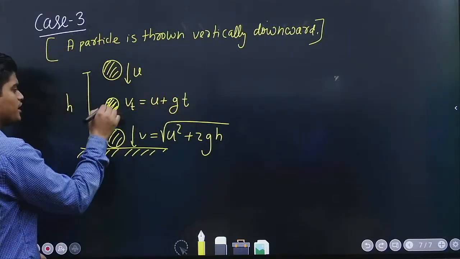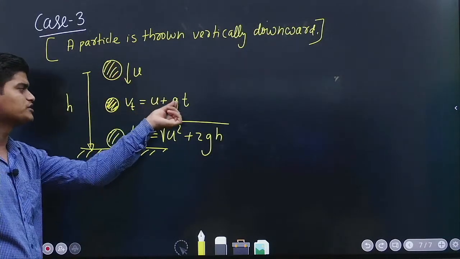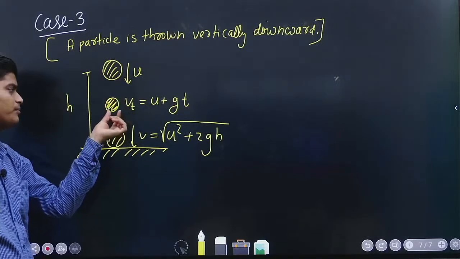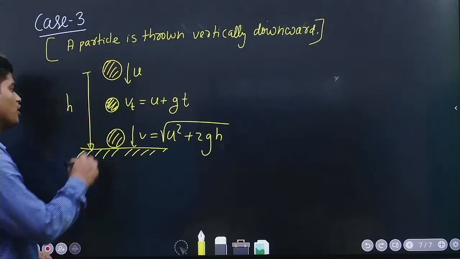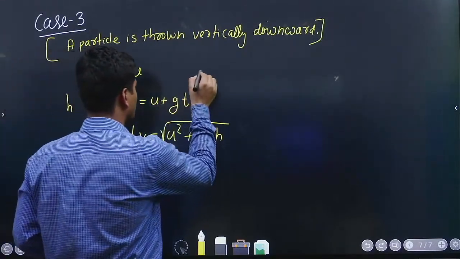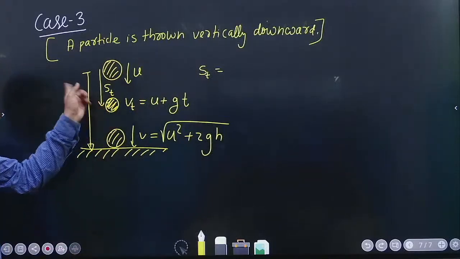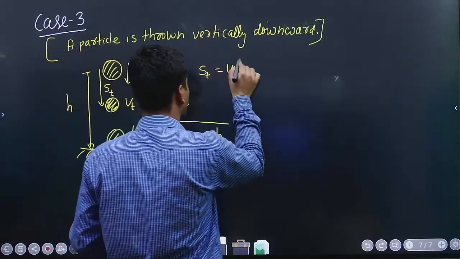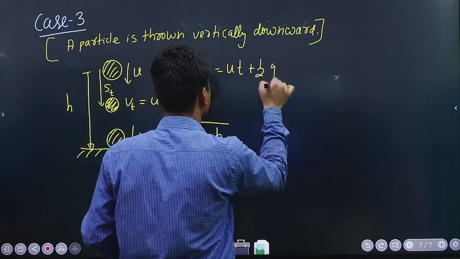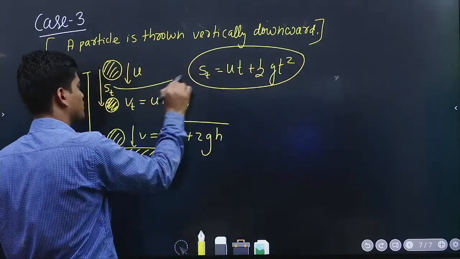So at any time t, what is your velocity? Whatever the initial velocity, then u plus gt. In between, at any intermediate place where the object is, suppose the distance traveled is st. Then st is nothing but the distance or displacement traveled in time t, that is ut plus half gt square. So this equation you can also substitute for s.